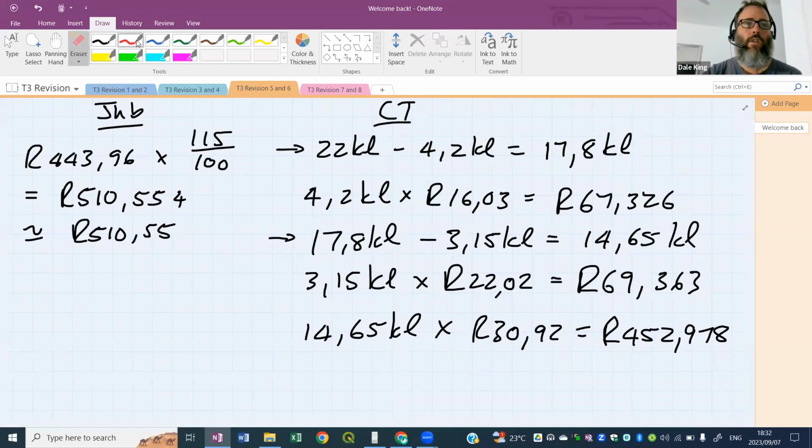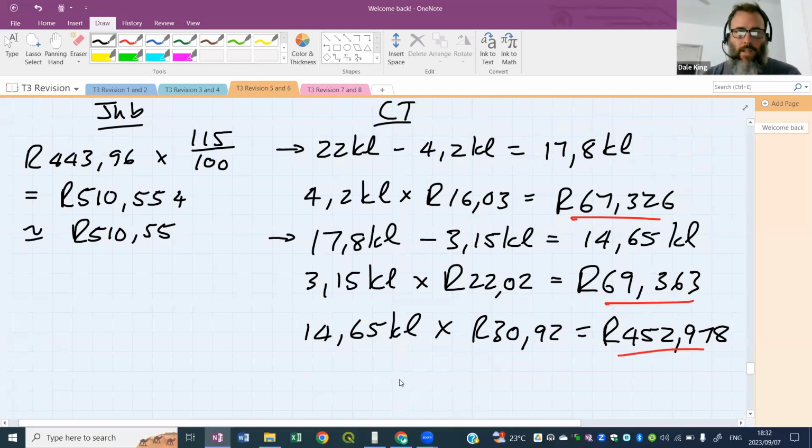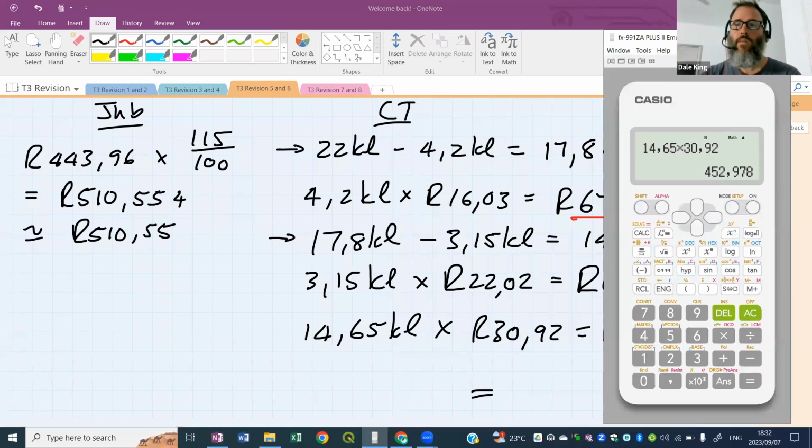Very good. So now I've got the Rand values for each bracket. There's the one, there's the other, and there's the last one. We add them all up. Guys, I'm not going to write it down. I'm not going to say this plus that because I want to save time. I'm just going to do it on my calculator. You could do it in the exam, all right? But I'm not going to do it. I'm being lazy. Just move that thing over there and bring the calculator this side.